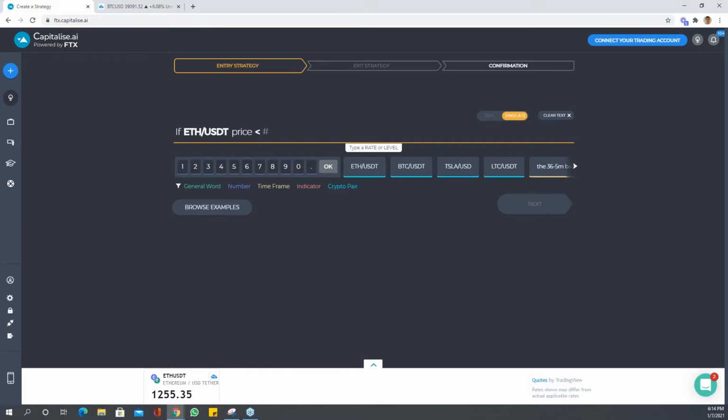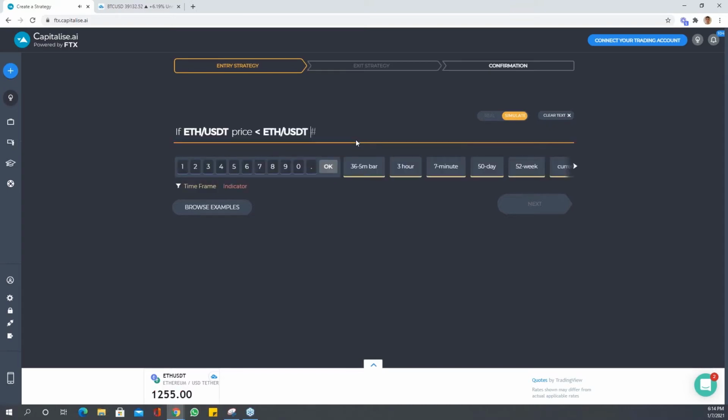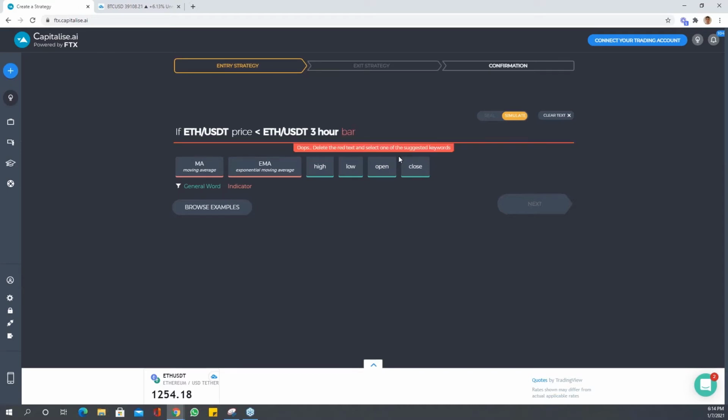is below ETH USDT 3-hour high, but I'm going to write it as a 36 by 5 minute bar. We could just write there 3-hour bar and that would be the exact same thing.